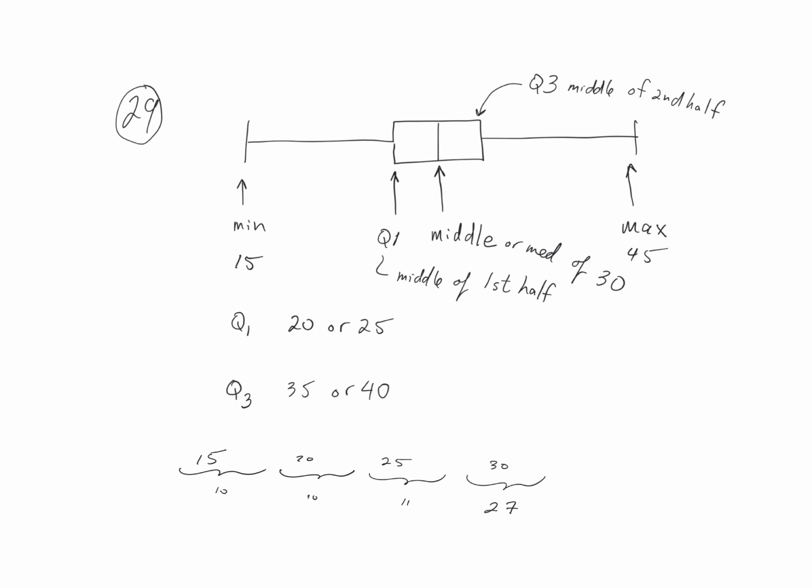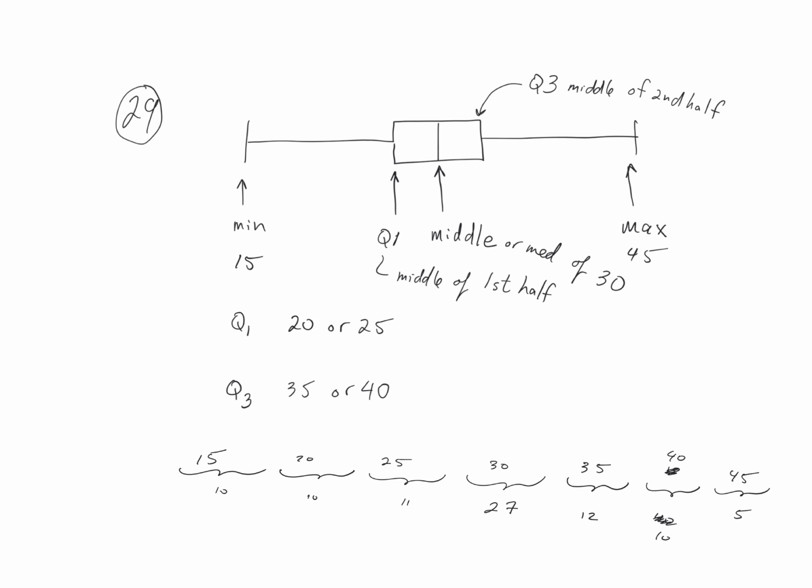We're going to have 35-minute commute times, 12. We're going to have, I'm sorry, not 10-minute commute times, rather 40-minute commute times, 10 of them. And then we're going to have 45-minute commute times and 5 of those.